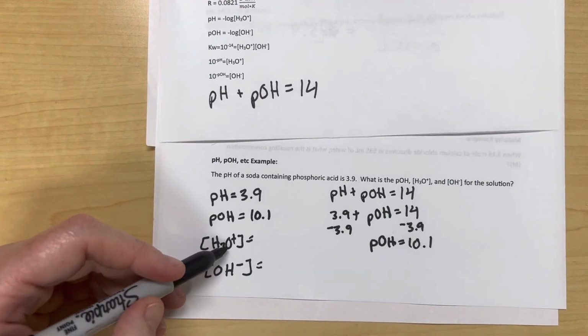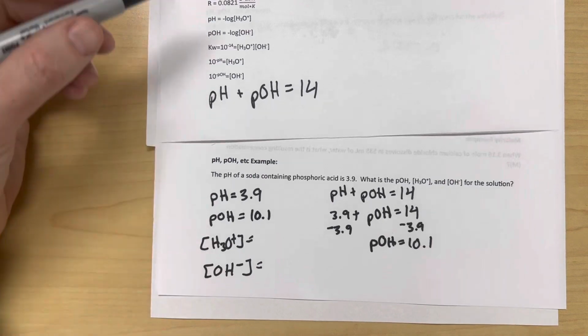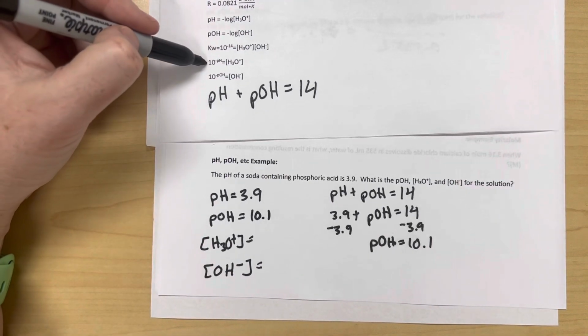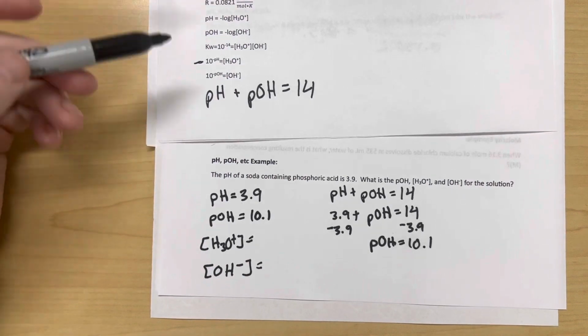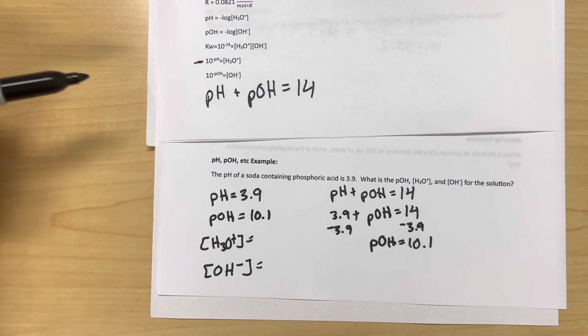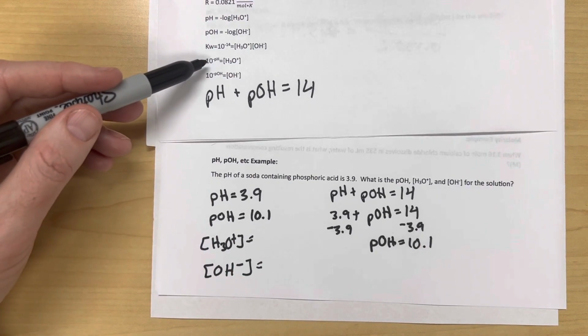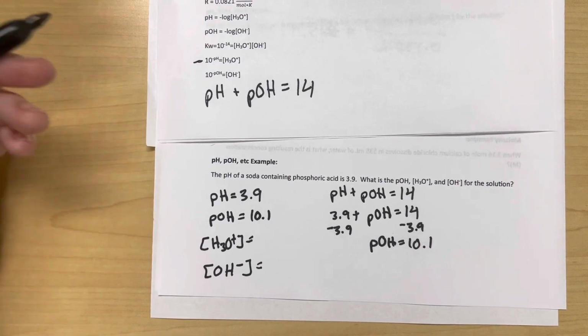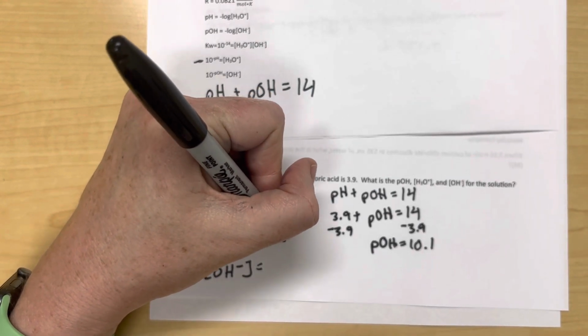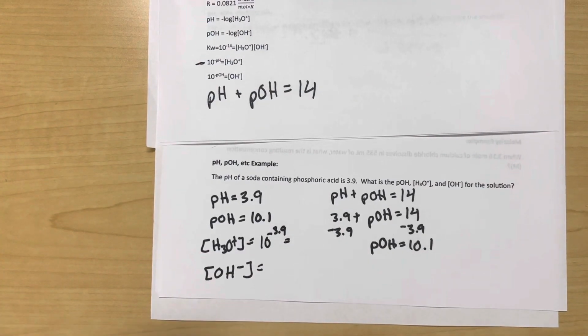Then to find the H3O+ concentration, you can find it in a couple different ways, but this is probably the straightforward one because we're trying to link pH and H3O+, and it's with here. And we say it's 10 to the negative pH equals our H3O+ concentration. In other words, 10 to the negative 3.9 will equal our concentration.